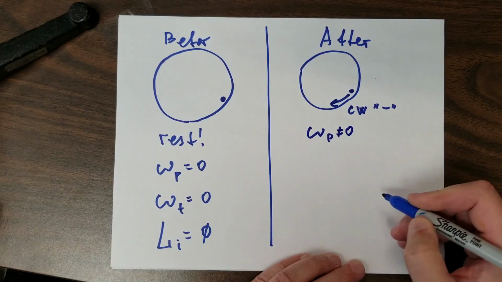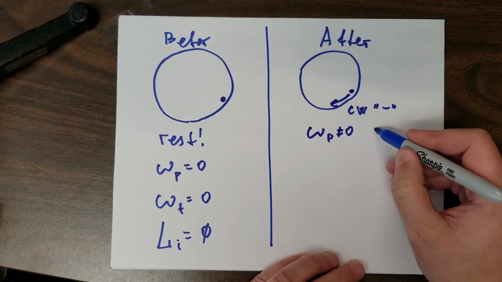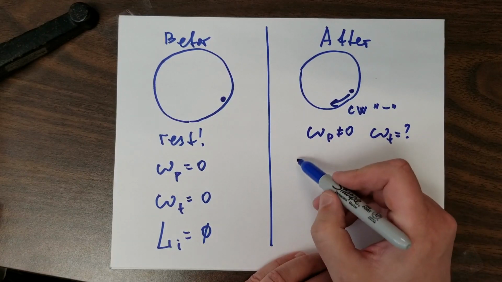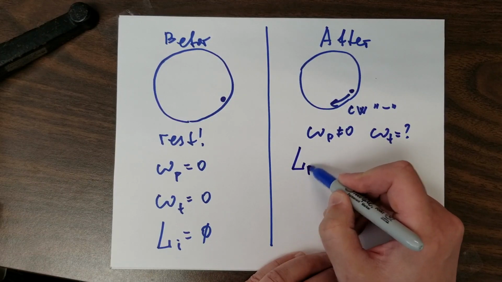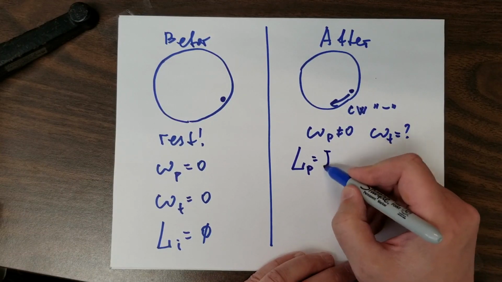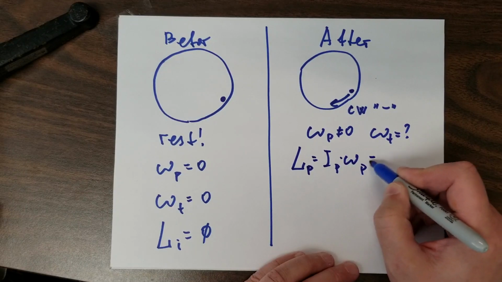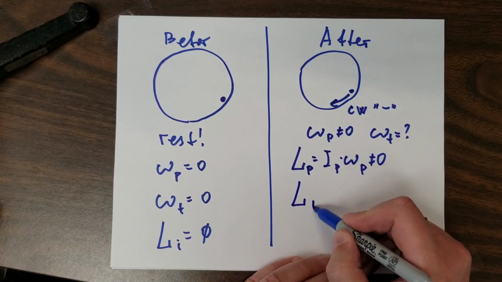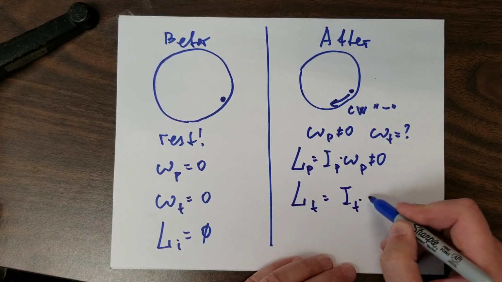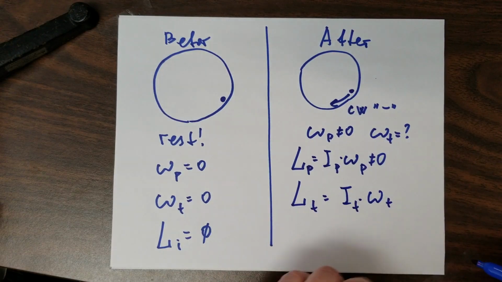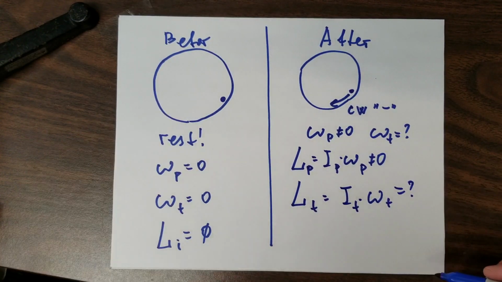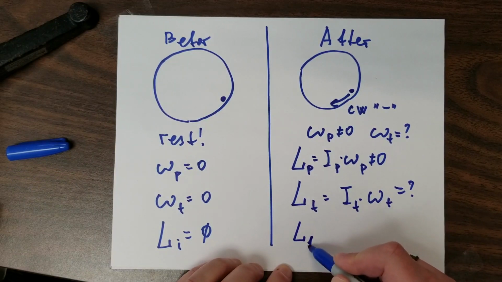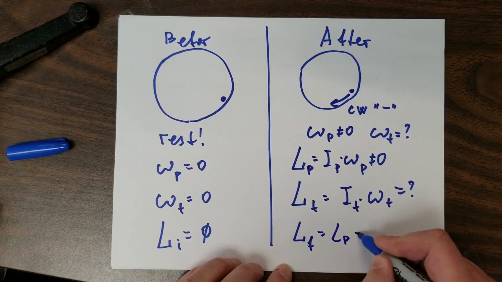For the person, angular velocity is not 0. For the turntable, well, we don't know. What we know is, for the person, angular momentum is not 0 anymore. For the turntable, the angular momentum should be equal to this, and the whole total net angular momentum for the system should be equal to the sum of these two.